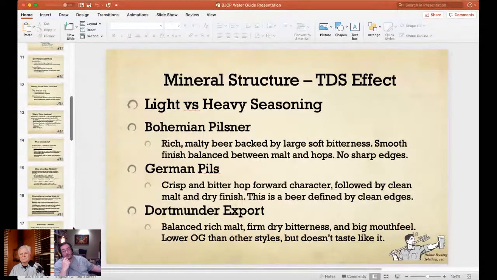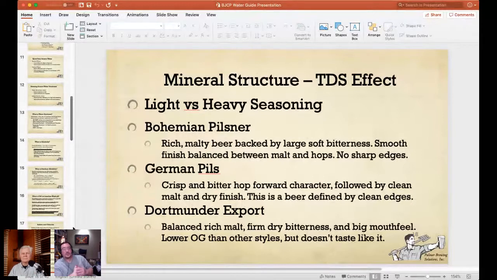I kind of go off the older 2008 guidelines, but bear with me. Bohemian Pilsner, a big malty beer, definitely bitter, but it's a big soft bitterness. The whole beer is softly rich, malty, and bitter, and balanced. It is a smooth beer, no sharp edges, much like the Sierra Nevada Nooner we were just drinking.